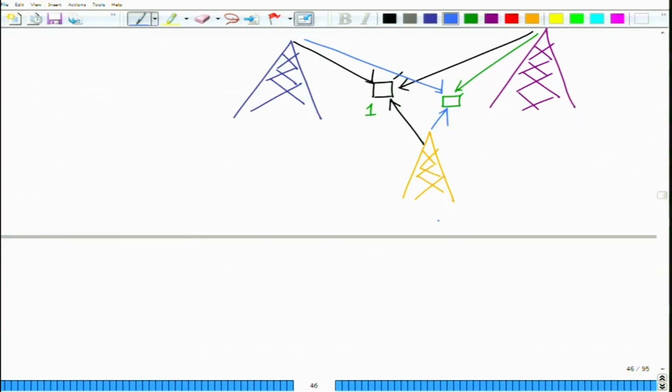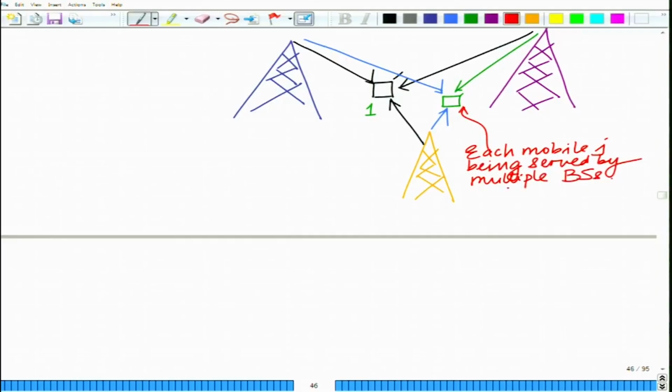So, each mobile, each user j, is being served by multiple base stations i, that is, let us say we have k base stations, 1 less than or equal to i less than or equal to k.